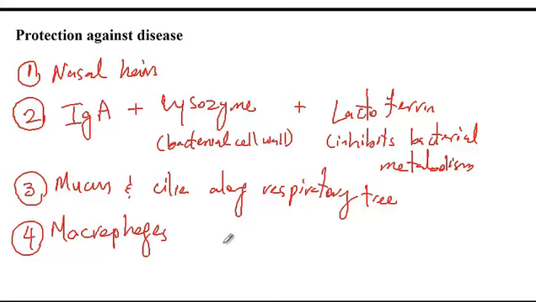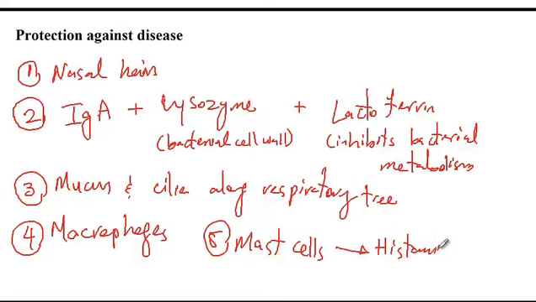And then finally, there are mast cells which can recognize different allergens and respond by releasing histamine, which induces an inflammatory reaction. Like for instance, it will cause closure of the bronchioles so that we inhale less of that allergen.